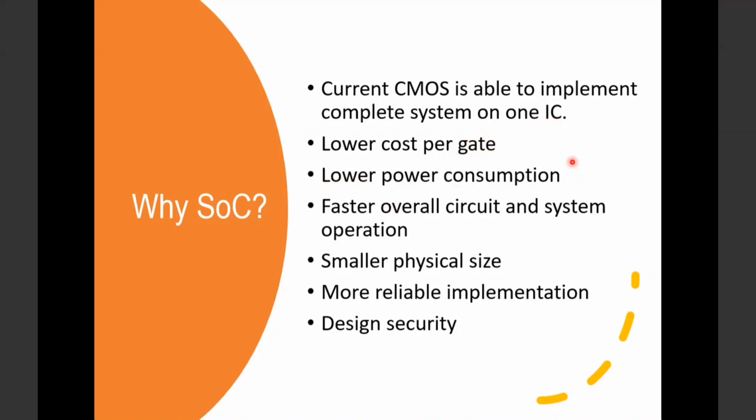If not, what happens is, if you are using the traditional or previous technologies, for example, you have the microprocessor, and then you have another IC for the memories, another IC for the microprocessor, and another IC for control.